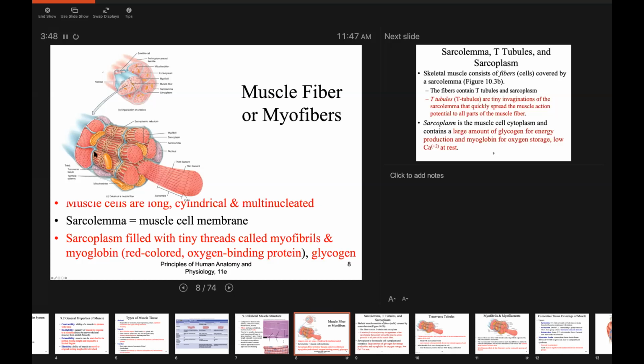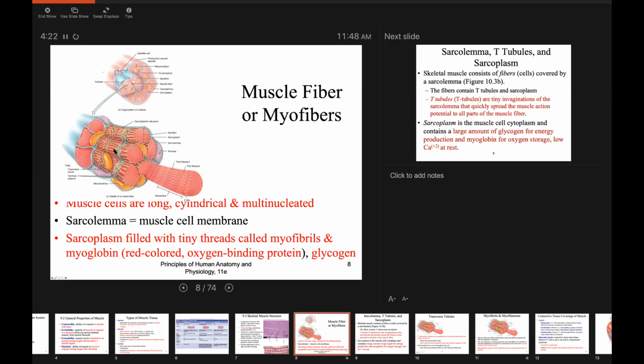We're going to see once an action potential gets triggered, it spreads through the sarcolemma. As it spreads through the sarcolemma, it goes into the transverse tubules. As the action potential goes down the transverse tubules, it's a signal, right? Because now you have an action potential down the transverse tubules, it triggers the release of calcium from receptors found in this terminal cistern.